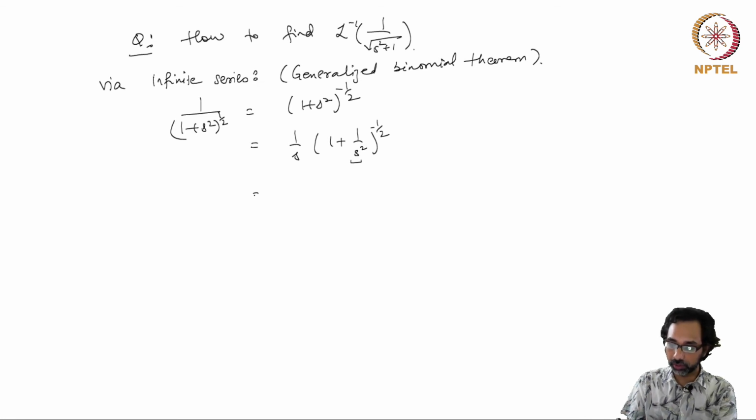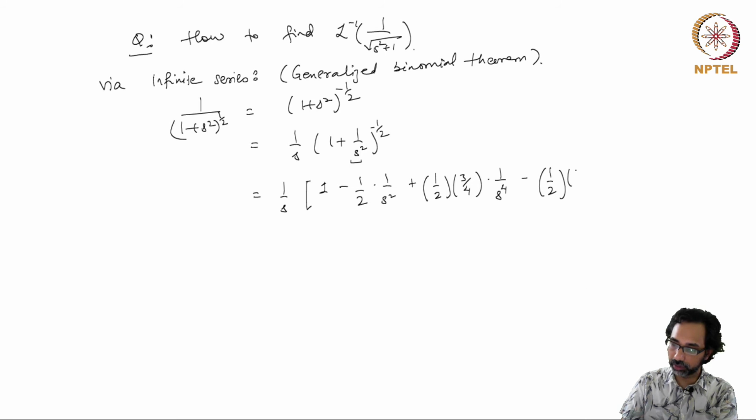What we get here is the following series. The first term is 1, then minus half times 1/s², then plus (1/2)(3/4) times 1/s⁴, then again minus (1/2)(3/4)(5/6) times 1/s⁶, and so on.